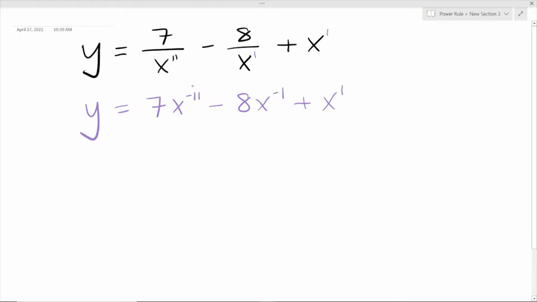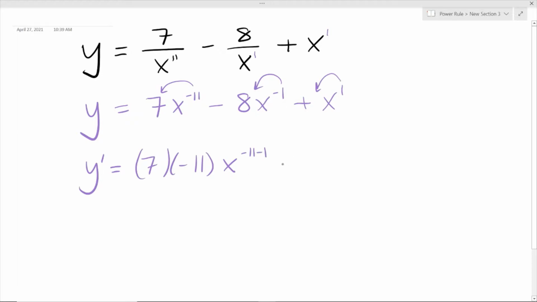To do that, we apply the same concept. We bring this negative 11 down, write these exponents down, and then we subtract 1 from the exponents. So y prime is going to be equal to 7 times negative 11, because we brought this down, times x, and then negative 11, we copy that exponent, but we must subtract 1 from it, like that.